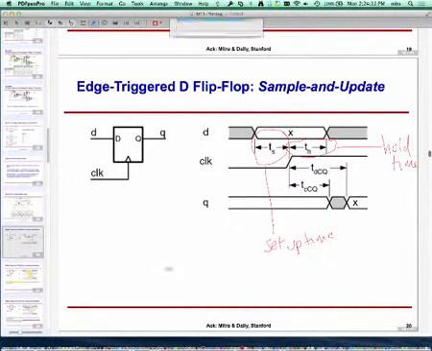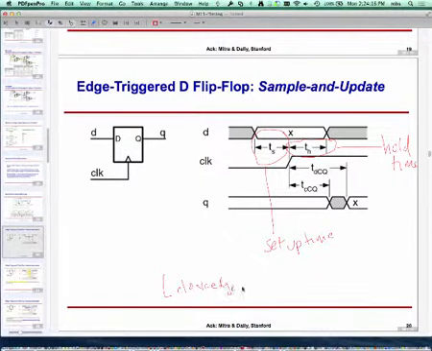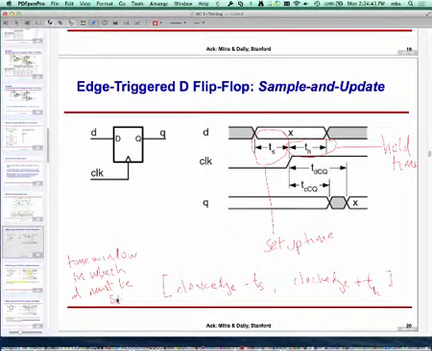Clock edge minus T sub s, clock edge plus T sub hold, this time window in which D must be stable.